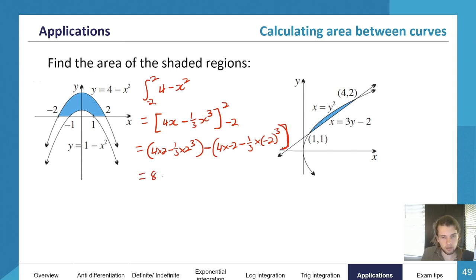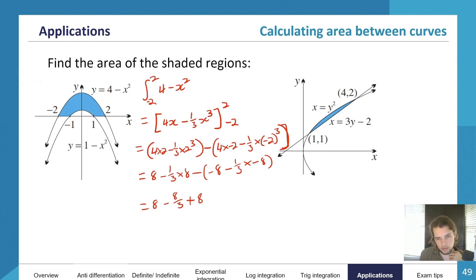Equals 8 minus 1 over 3 times 8, minus negative 8 minus 1 over 3 times negative 8, equals 8 minus 8 over 3 plus 8.